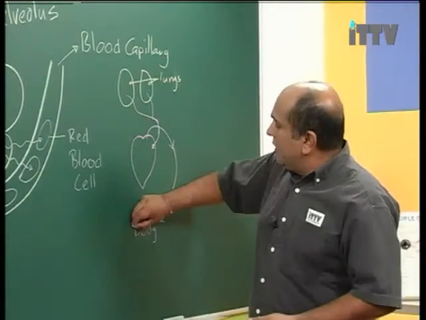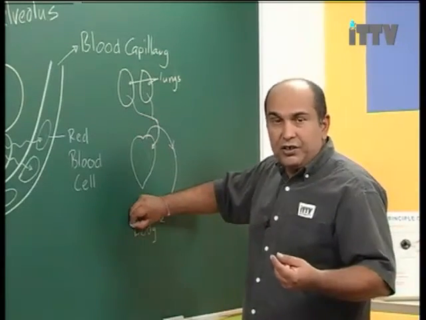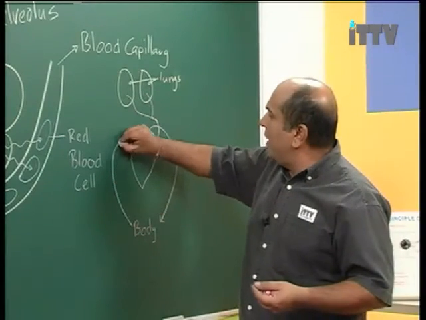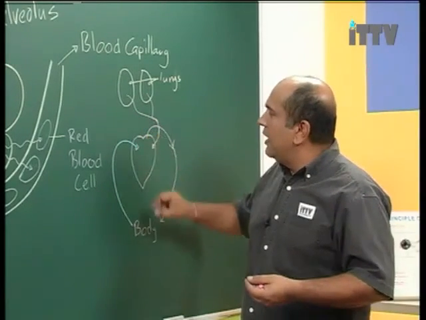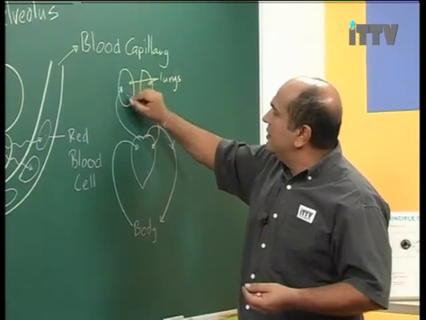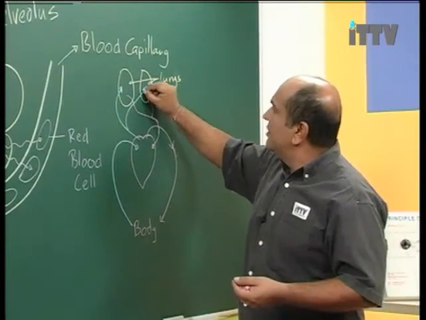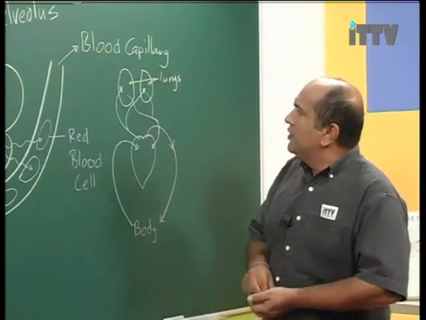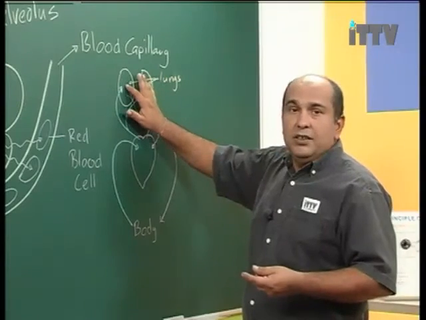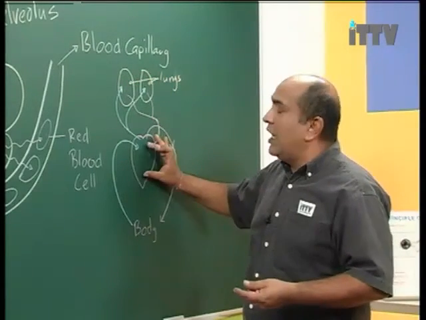From the body, blood that has no oxygen, what we call deoxygenated blood, will flow back to the heart, and from the heart, this blood will then go to the lungs. So you see how the process works. Blood with oxygen goes from the lungs to the heart.